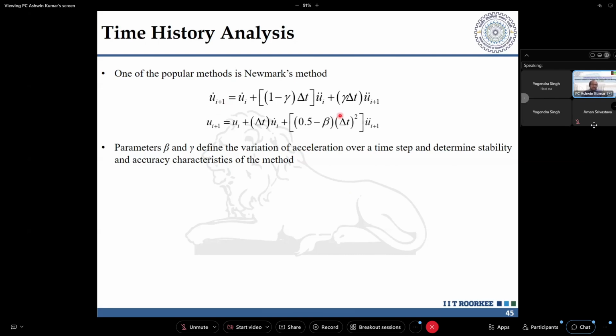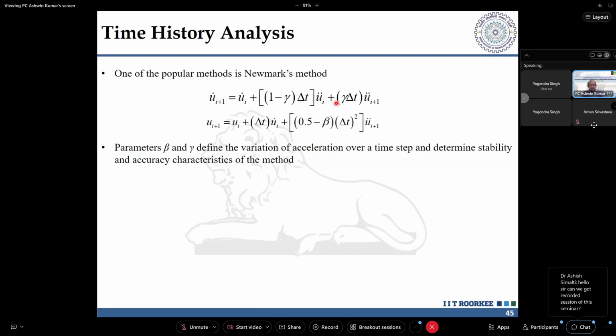You can see the Newmark method is an implicit method. If the structure is initially at rest, which means initial displacement u0 is 0 and initial velocity is 0, and it is subjected to a time history, then we want to predict the value. It's a numerical method, right? It's not the exact solution, it's a numerical solution. So you are predicting u at i plus 1 or velocity u dot at i plus 1.